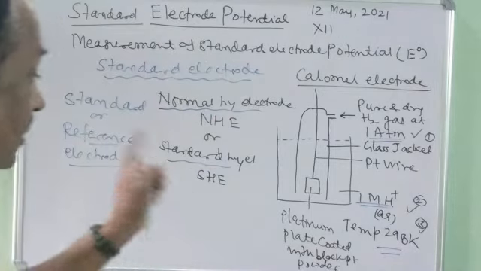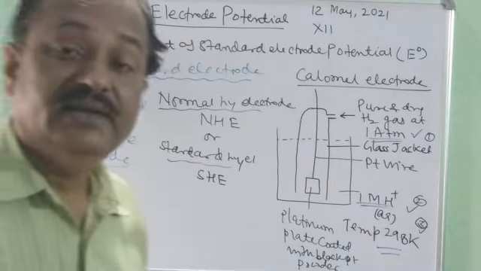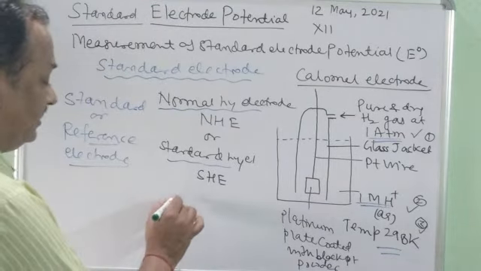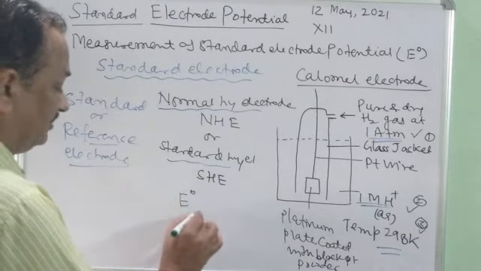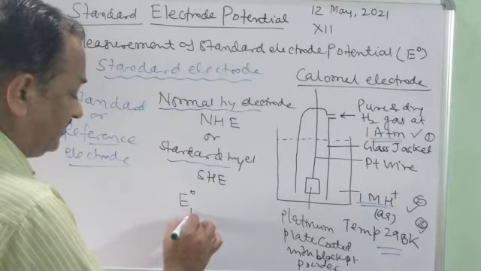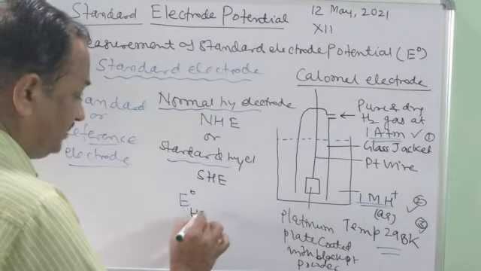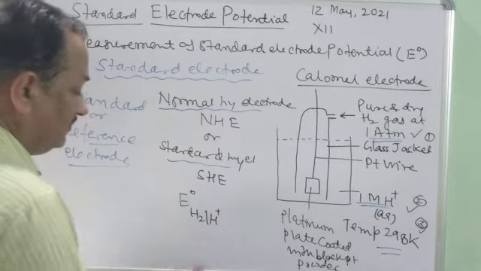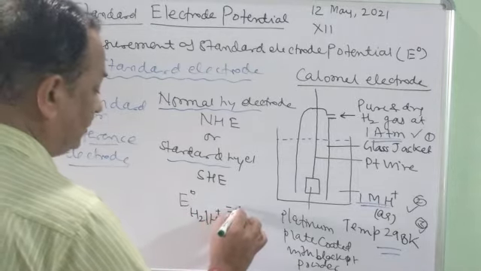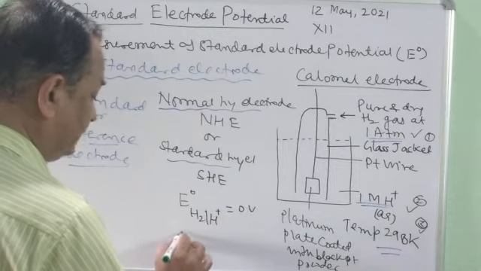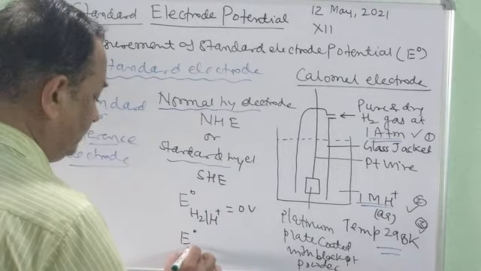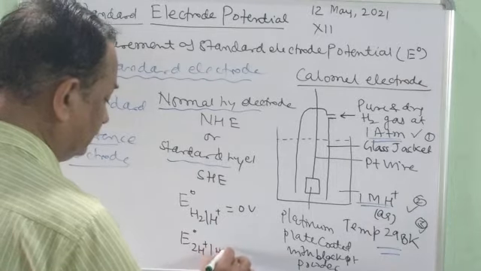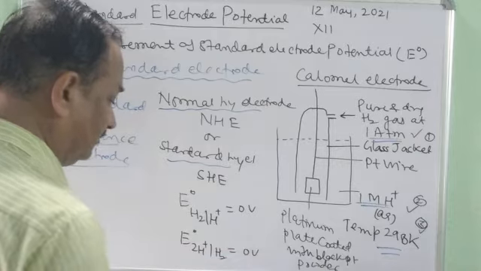Now, by default, the standard electrode potential of this, and here children, a very important point, we can write this as equal to 0 volt.